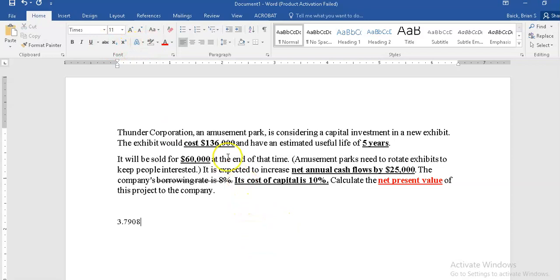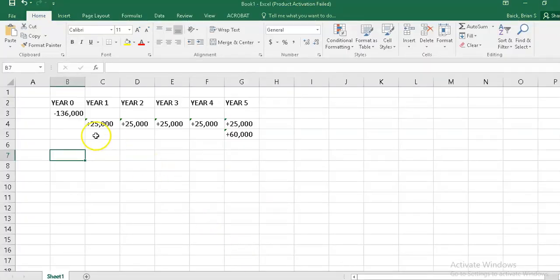Okay, so again, to recap, we're getting $136,000. We take that money, we're going to invest it for 5 years, and then what do we get back? Well, we get back $25,000 every year for 5 years, and then we get back $60,000. This is what it looks like in an Excel spreadsheet. You have to invest $136,000.